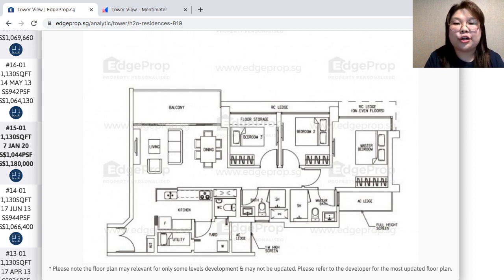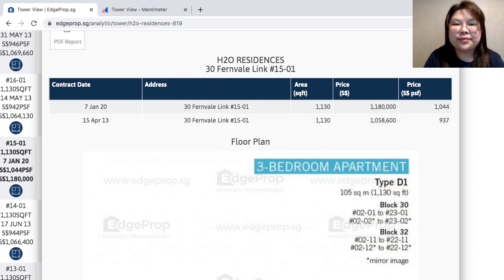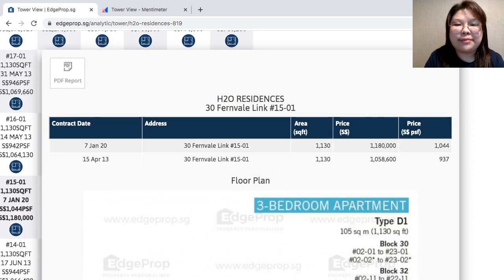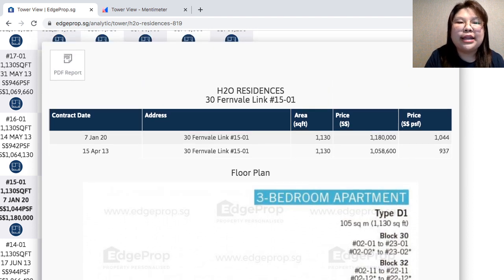Unlimited floor plans on your device, so we don't limit the number of times you can download the floor plans. Next, if you want to have a PDF report with the transactions and the floor plan only, you can click on PDF report over here. It will open another window with the report, just transactions and floor plan only.